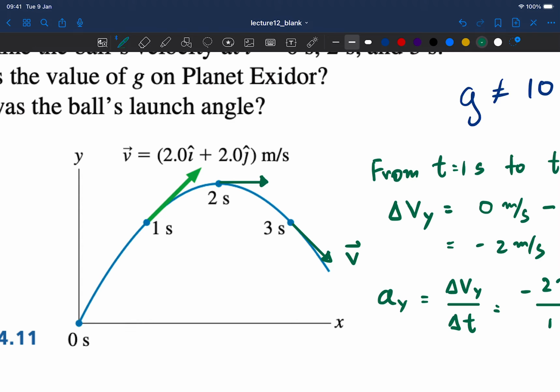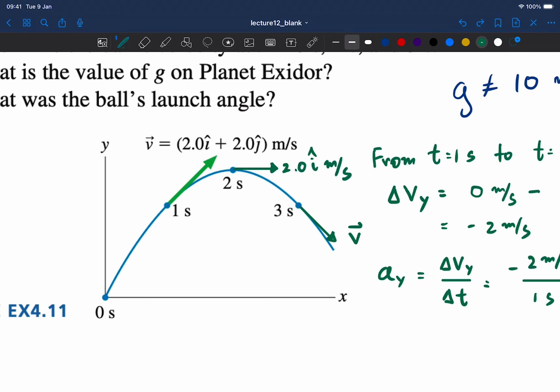So here you can write 2i meters per second and no j component because that's the highest point. And this number is exactly the same as this number because again, there's no acceleration horizontally. So Vx stays the same.